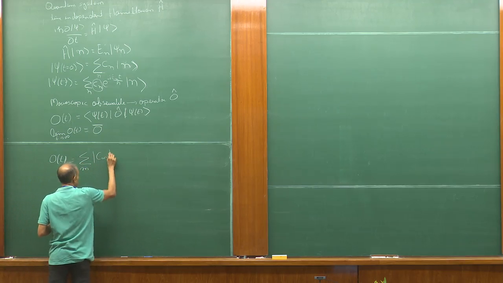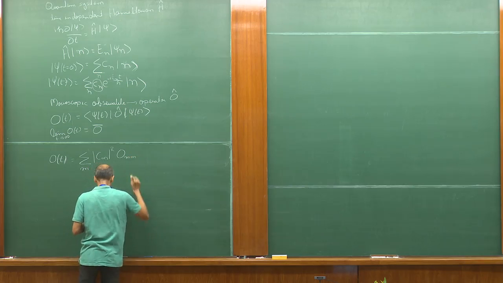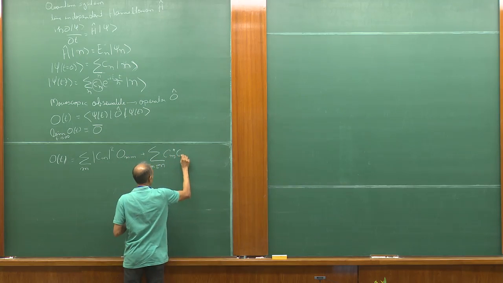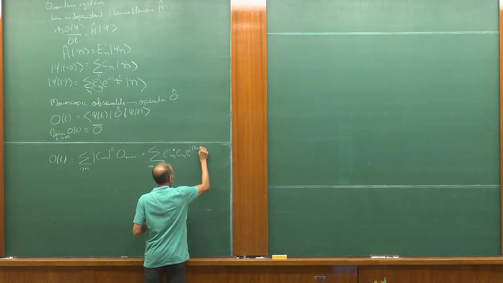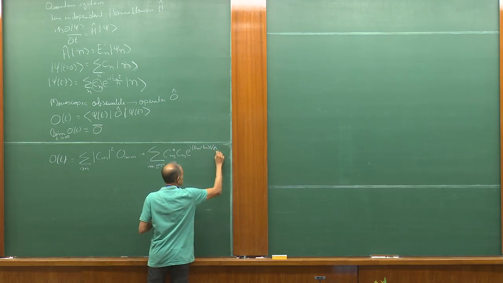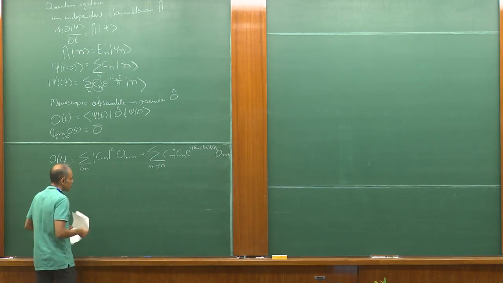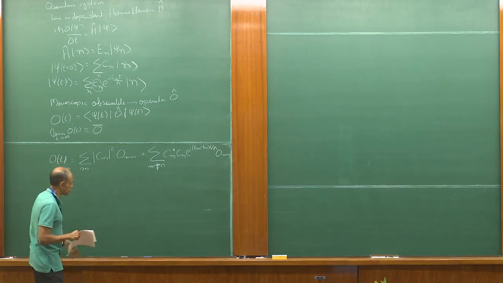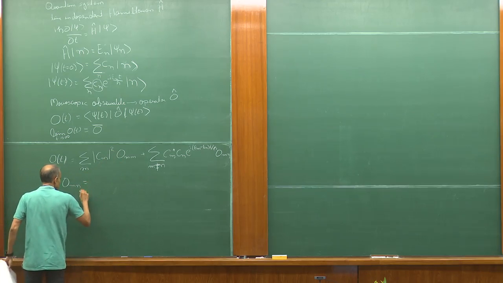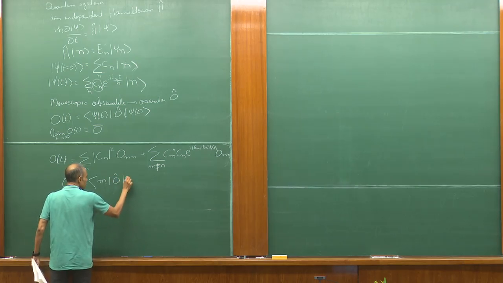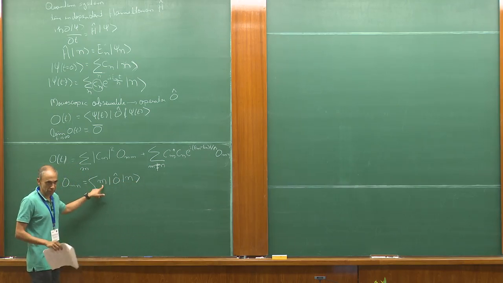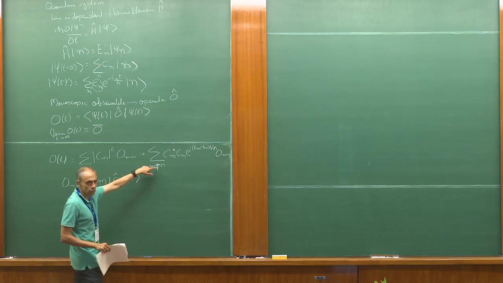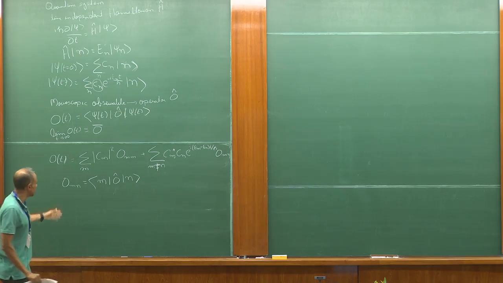So it's summation over m mod cm squared OMM plus a double sum, where there's a single sum here, there's a double sum there, and the sum is over the energy eigenstates of the system, and OMN is the matrix element of the operator O between the energy eigenstates m and n. So what you have in the first term on the right hand side is just a sum over the diagonal matrix elements, and here you have a sum over the off diagonal matrix elements. So as far as O of t is concerned, that's the expression.